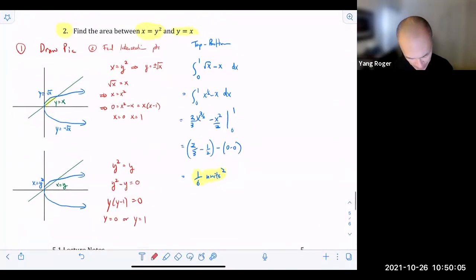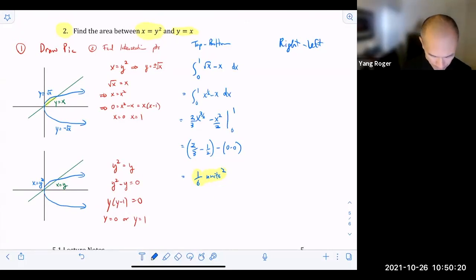So now we're going to do it as a right-left integral, and we're going to integrate. Because we're doing it as a right-left integral, the variable of integration will be dy.